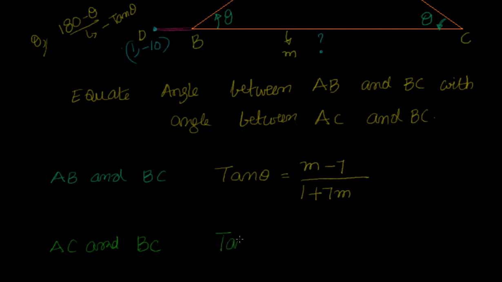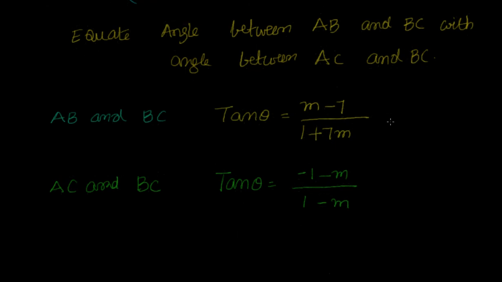Can I say tan theta equals minus 1 minus m divided by 1 plus m1 m2. m1 m2 is minus 1 times m, so it will become 1 minus m. So equating 1 and 2, let's call these equation 1 and equation 2.